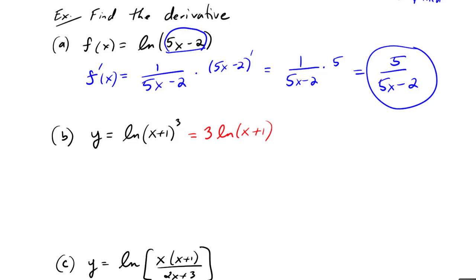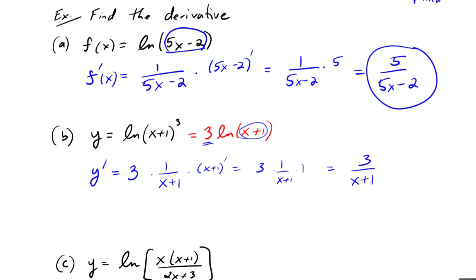I know it looks like the power rule from derivatives, but it's not. That's just a logarithm rule. I haven't taken any derivatives yet. Now, when I take the derivative, I'm going to do it off of this. I just have a constant multiple 3, and then ln of x plus 1. So ln of something, so times 1 over x plus 1, times go in and take the derivative of x plus 1. So I have 3 times 1 over x plus 1 times 1, or I just get 3 over x plus 1.